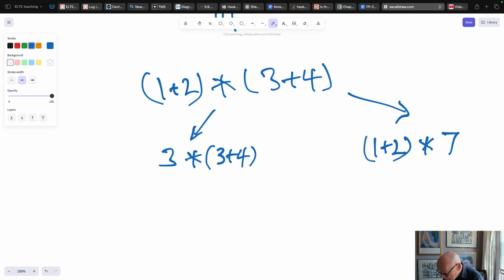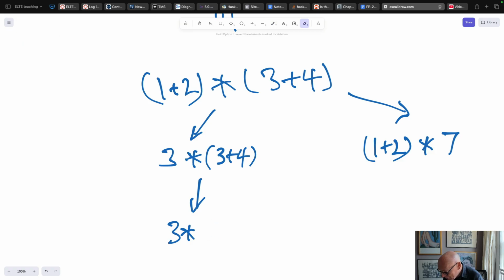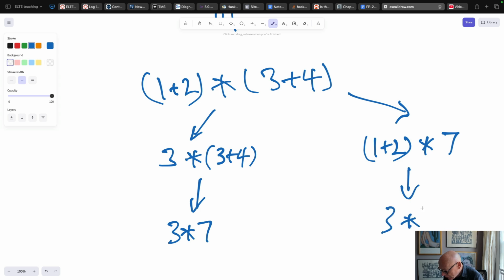But no, in fact, what happens is that here we will get 3 times 7, and here we will indeed get 3 times 7. And both of these will give us the answer 21.